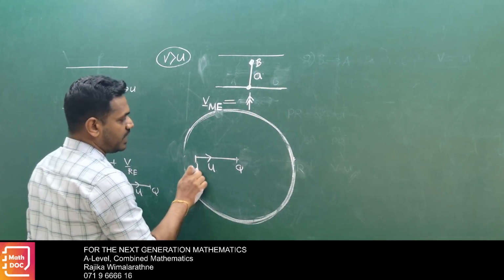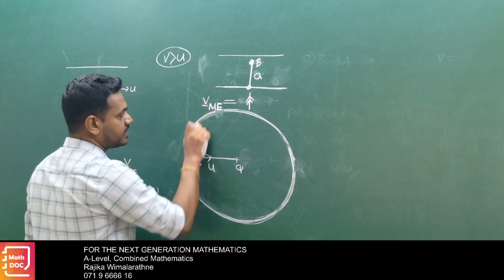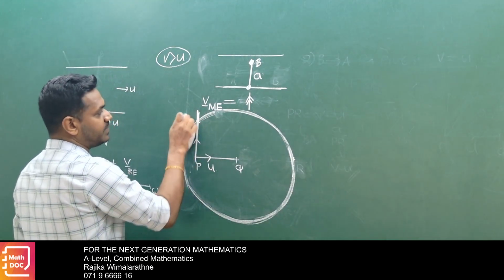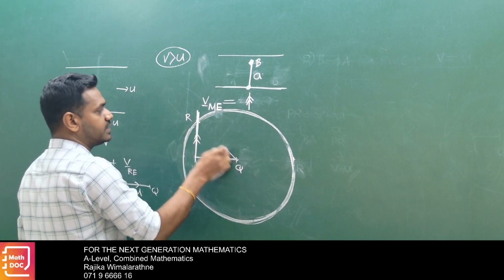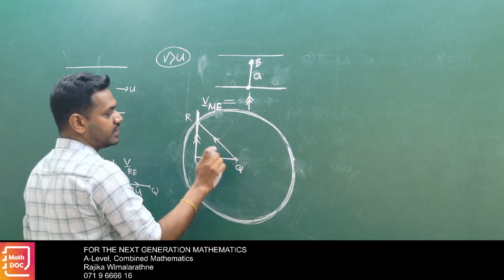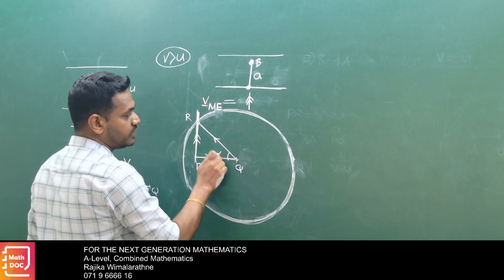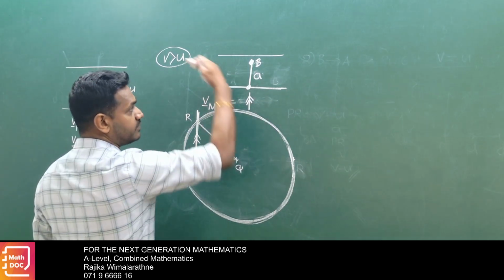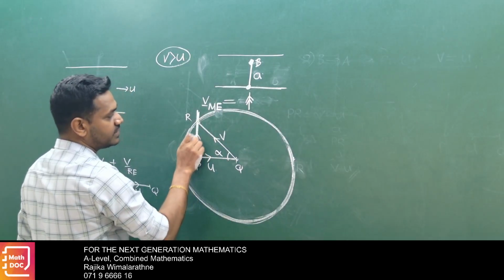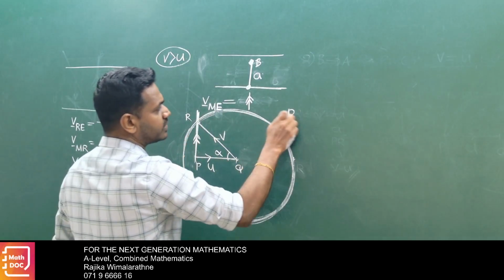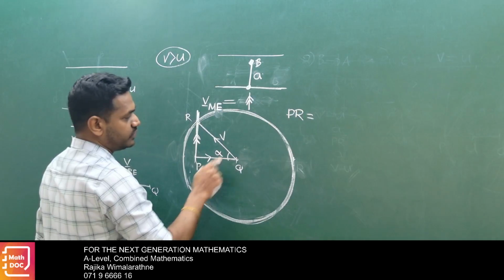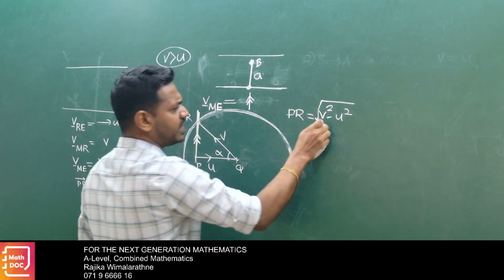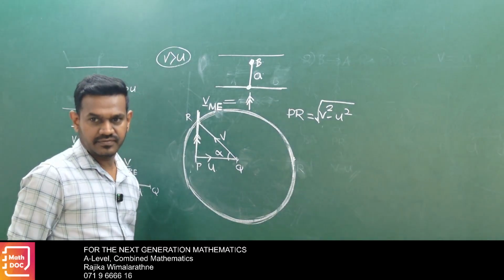Now here PR, PQ, then PR perpendicular to the bank, then here this will be R, that will be resultant. Then to happen that, he has to move with inclination alpha with upstream here this way, then resultant will be PR. Then corresponding PR, V, U, no, then square root of V square minus U square, here the resultant value, PR value.